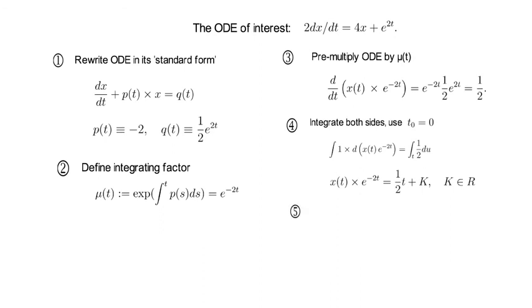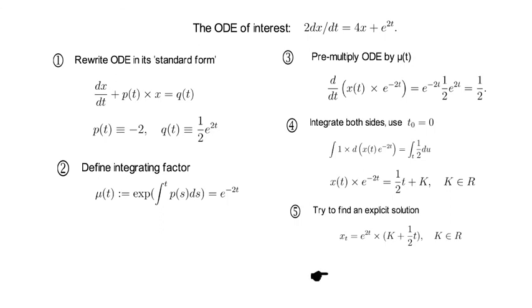Now in the fifth step, we try to find an explicit solution for x(t). Now in that example, that isn't too difficult. We can rewrite x(t) as being e to the 2t times the sum of k plus 1/2 times t, where k can be any real number.